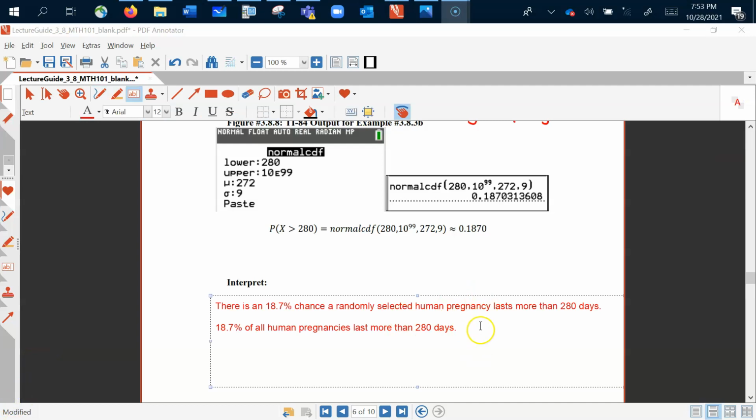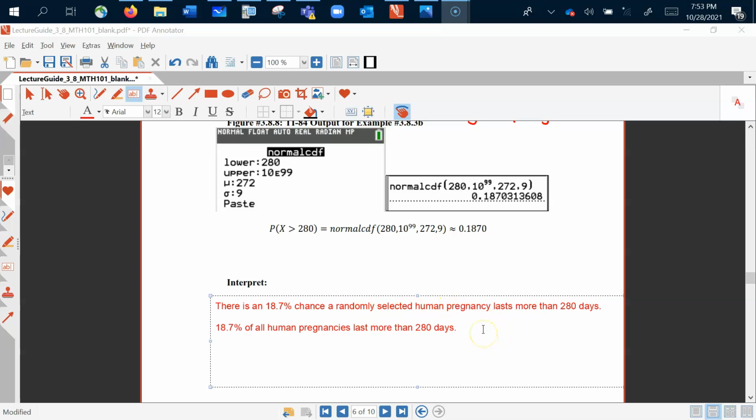All right, here I've got it written up now. There's an 18.7% chance that a randomly selected human pregnancy lasts more than 280 days. That's for an individual. And for the entire population, 18.7% of all human pregnancies last more than 280 days. So one interpretation for everyone, and one for a single randomly selected pregnancy.